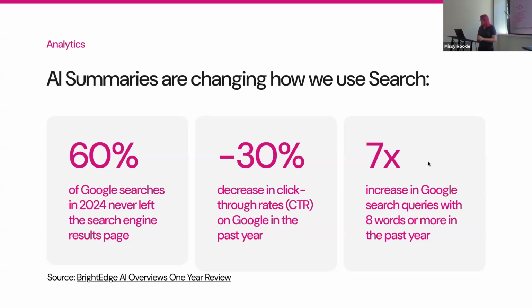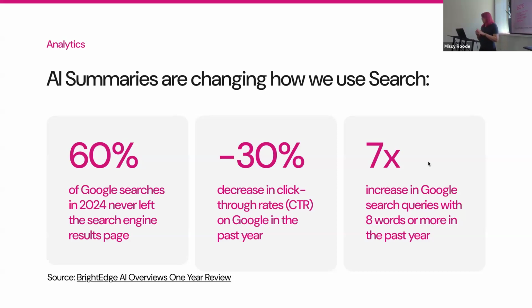This is huge, and that goes to the 30% decrease in click-through rates on Google. Obviously, this is a huge problem, because it's all well and good if your content shows up in the AI summary, but if no one clicks, you don't get any benefit from that. So it's a real concern.